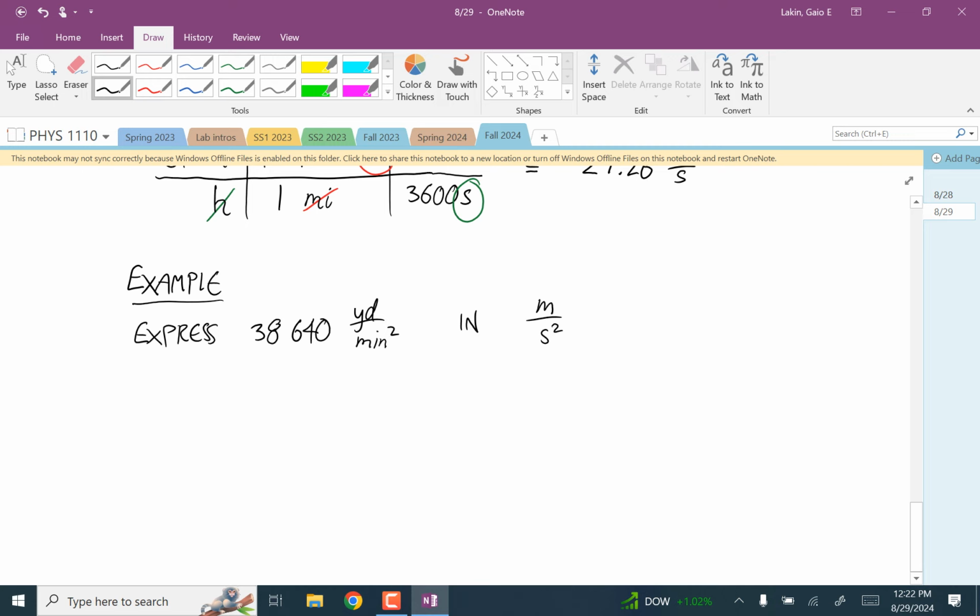And we're going to use that 1 yard is equal to 3 feet, 1 meter is equal to 3.281 feet, and 1 minute is equal to 60 seconds.